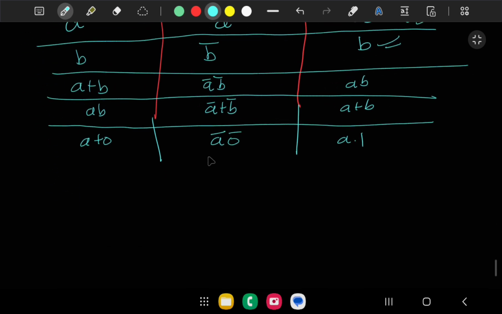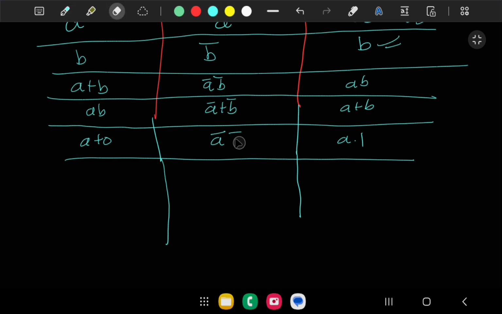Okay, this is clear. A bar into 1. Sorry, over here it will be a bar into 1. So don't disturb the literals. This is the basic point.